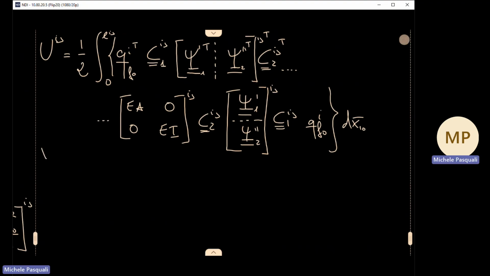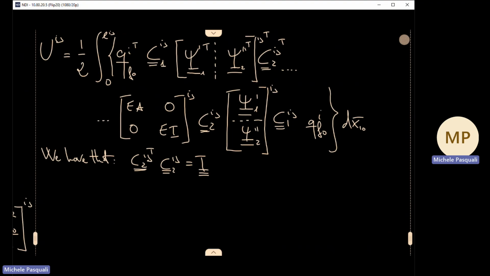Now we know that C2 ij transposed applied over C2 ij is the identity matrix, because this is a rotation matrix.